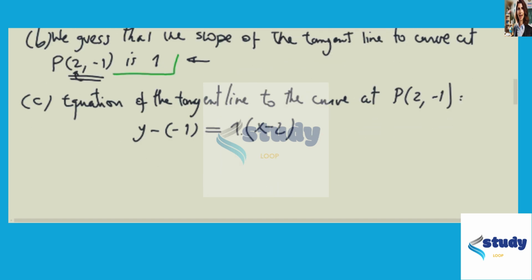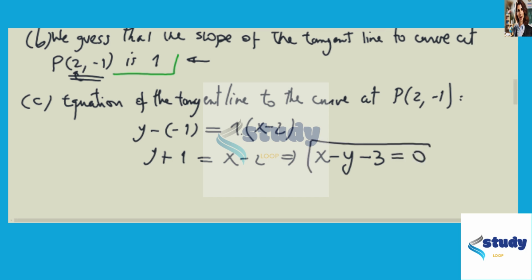So we get y plus 1 equal to x minus 2. And if we put everything to the right side of the equation, we get x minus y minus 3 equals 0. So this is the equation of the tangent line to the curve at P(2, -1).